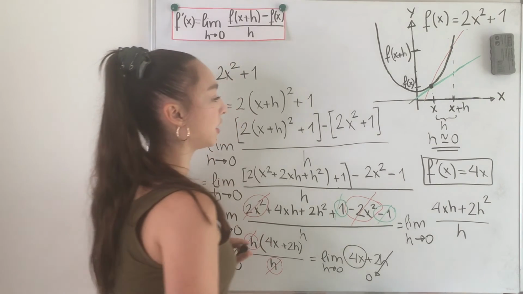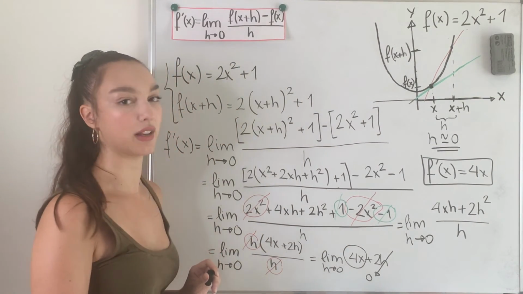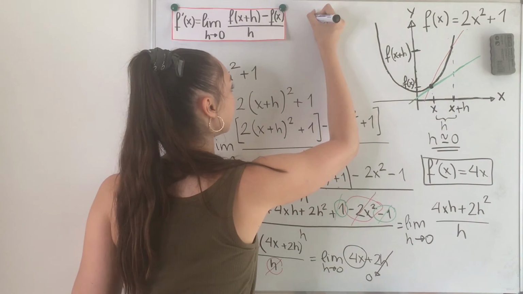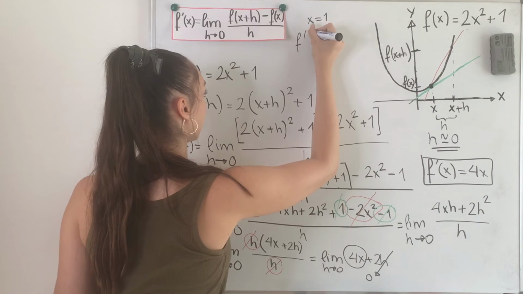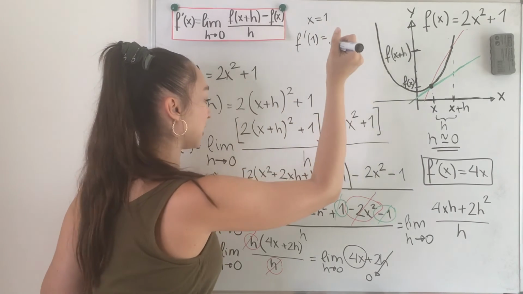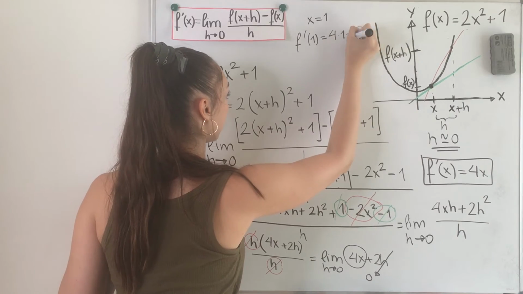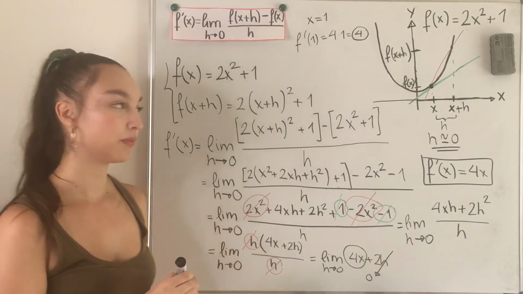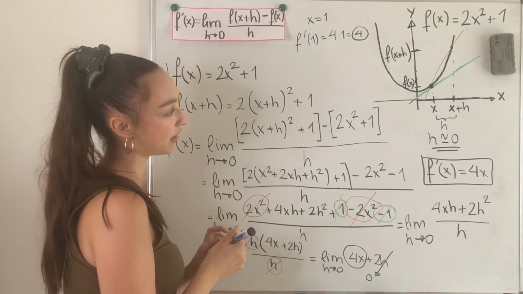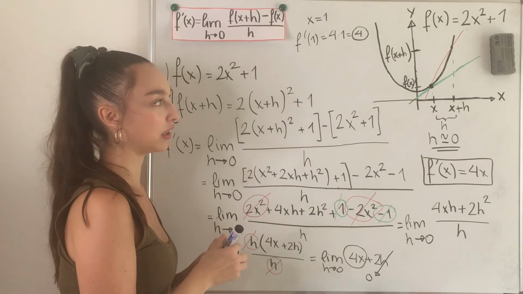So this might sound a bit crazy, but just hold on because you're going to understand. Imagine if they were to ask us to calculate the derivative when x equals 1. Well, we'll substitute, and when x equals 1, the slope of the tangent line would be 4. And as I said, the reason why it's a function is because it's going to change depending on the value of x.